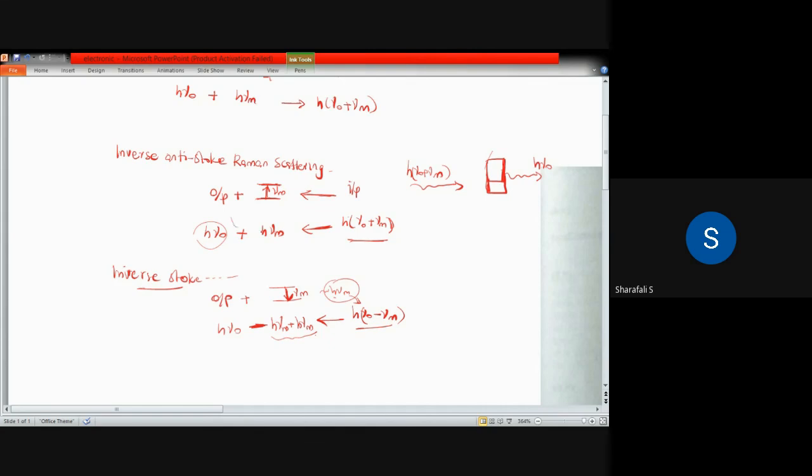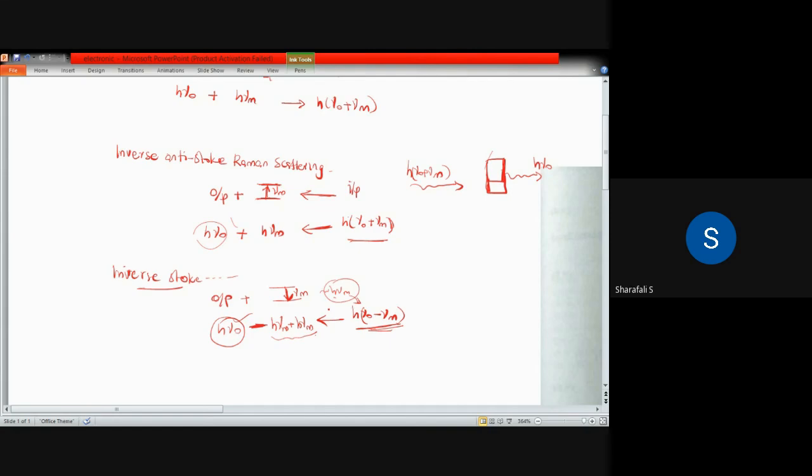Basically, you are getting a higher frequency, or higher energy, from a lower energy in the case of inverse Stokes Raman scattering. Otherwise, in conventional Raman scattering, you will get an energy which is less than that of the incident radiation.